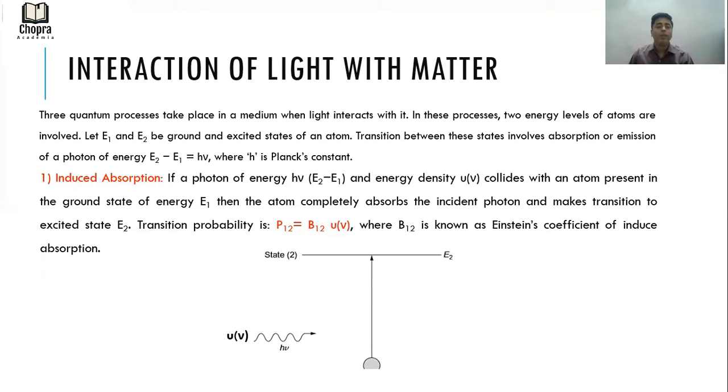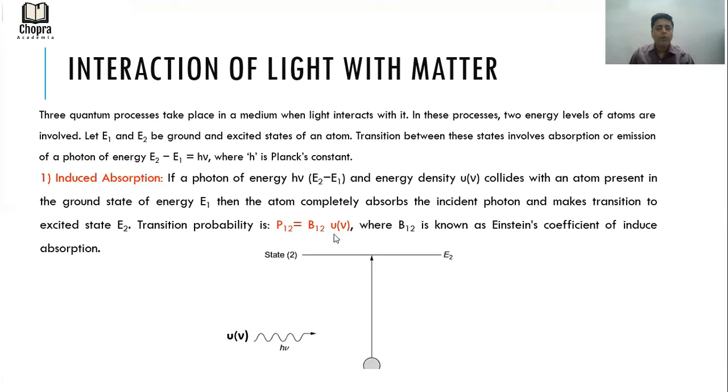That is equal to B12 U nu, or we can say P12 is proportional to U nu, the energy density. The more the energy density, the more the transition probability for the induced absorption process. What is B12? It is known as the Einstein coefficient of induced absorption.